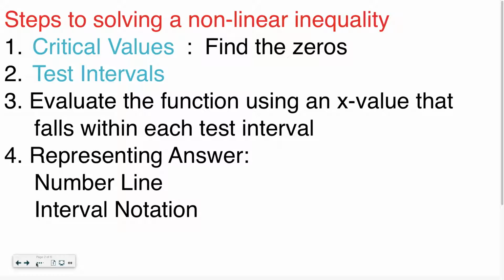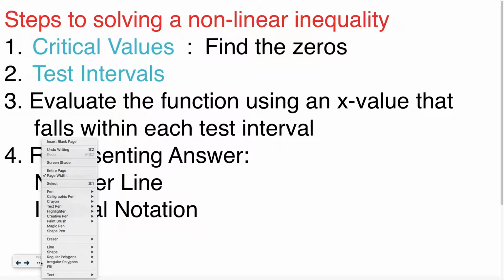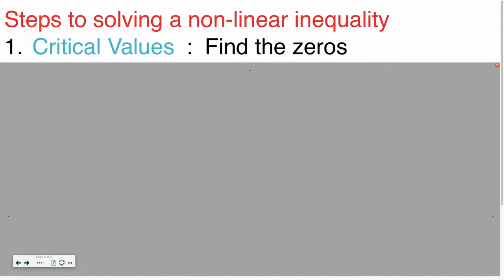So here we go. To solve a nonlinear inequality, the first thing we need to figure out are the x-intercepts. Okay? Like Pod 6 told us, the x-intercepts are going to separate where y is positive from where y is negative. Okay? So if we can find those x-intercepts, we'll at least have an idea of where the separation could occur.